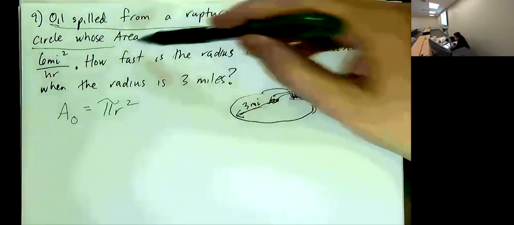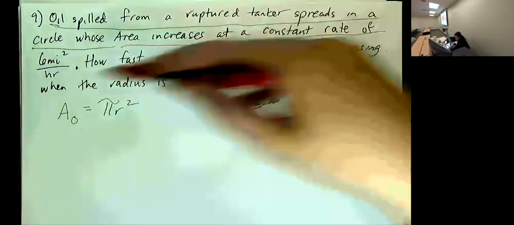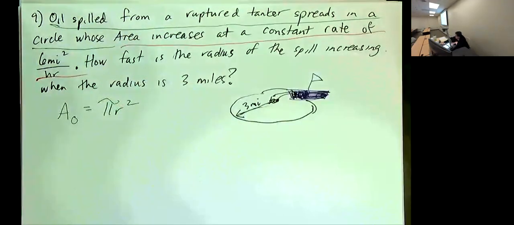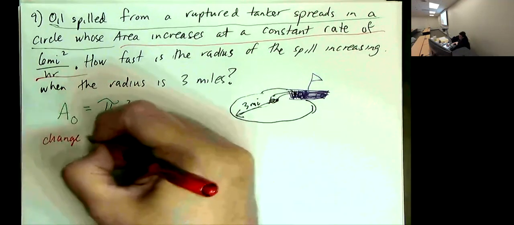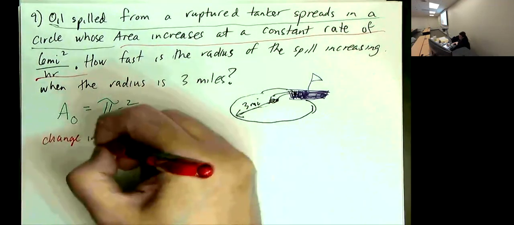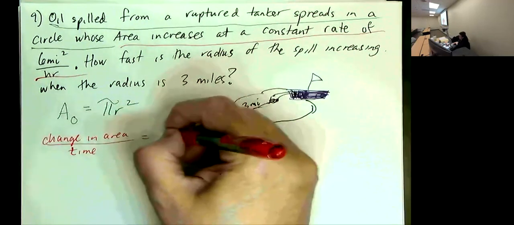What does it mean by area increases at a constant rate of 6 miles squared per hour? That looks like a change in the area over time. Change in area over time is dA dt.